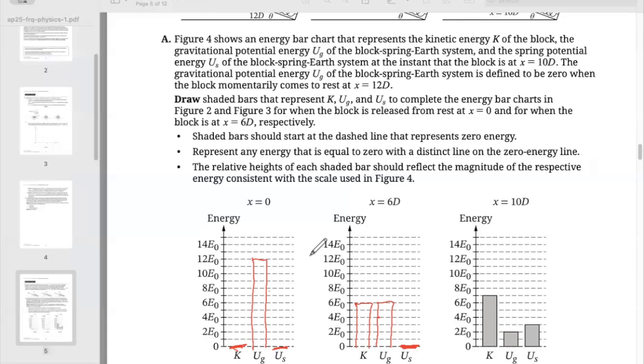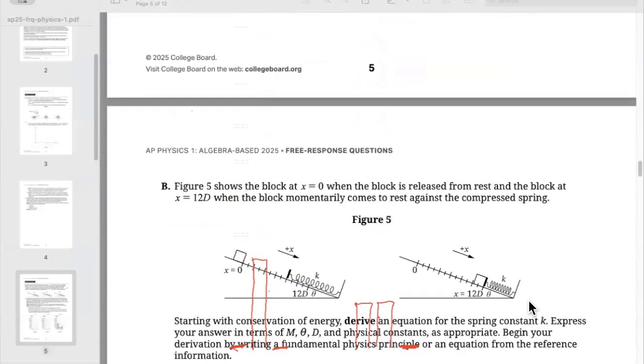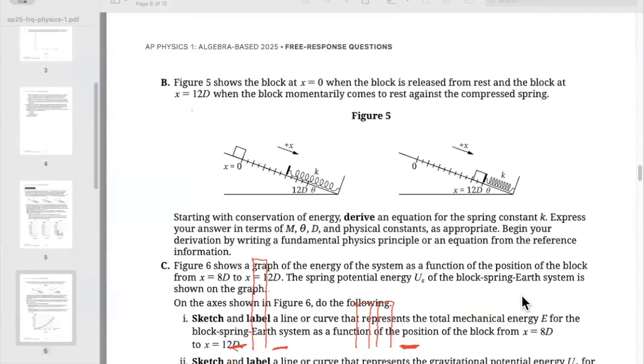I don't actually know how they're going to score them this year, but total energy is conserved. Taking the difference in gravitational potential between 0 and 10D as 10E0, you should expect a change of 6E0 between 0 and 6D for the potential energy. Since total energy is conserved, it should always equal 12E0. Okay, I'm confident in that.